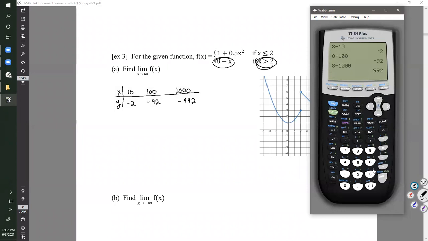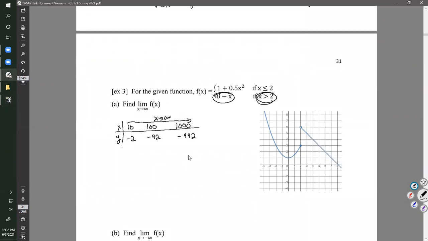So is that approaching a number? It's approaching negative infinity. So as my x values go to infinity, my y values are approaching negative infinity.